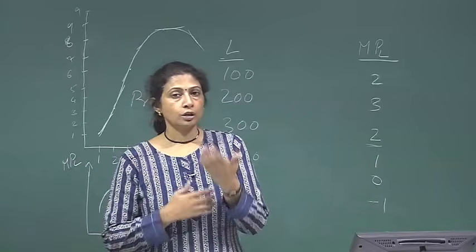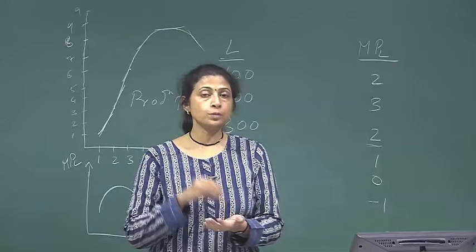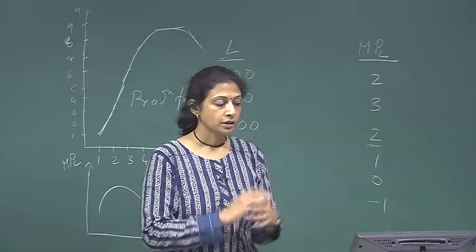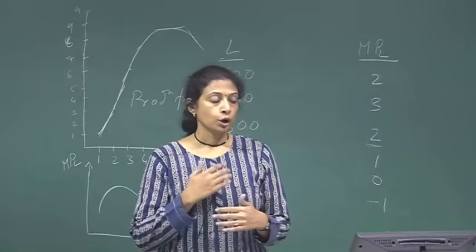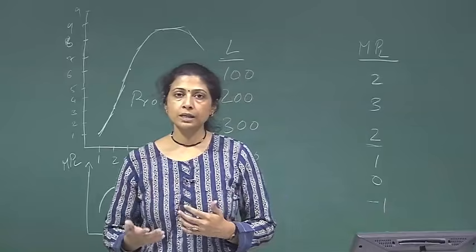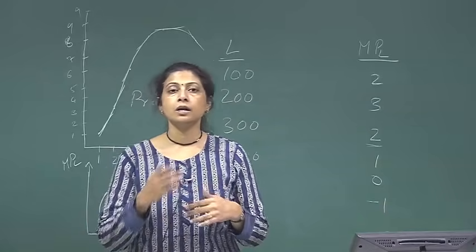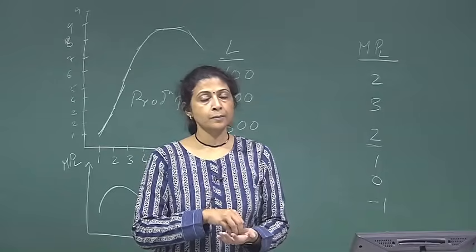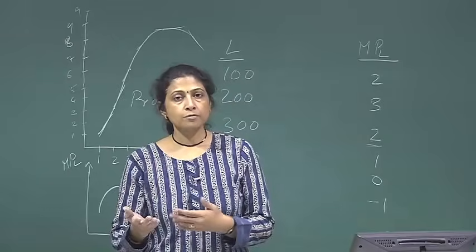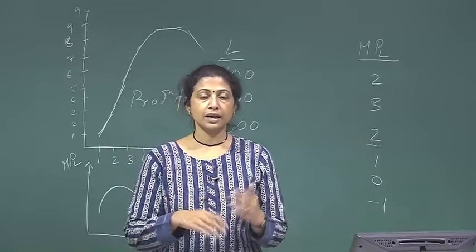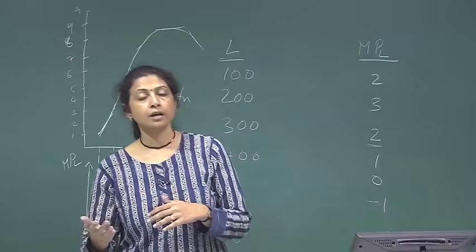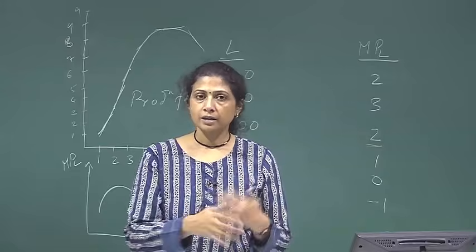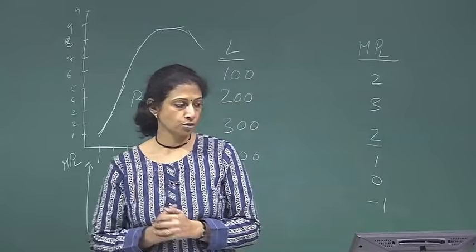We are going to look at the output choice of a producer later when we do market structures, but right now it suffices to know that marginal product is definitely important to understand, because the producer makes his choices at the margin. He is going to look at his benefit and cost at the margin, that is, the additional benefit he gets by producing an additional unit of output from hiring another person, and the cost that he has to incur.